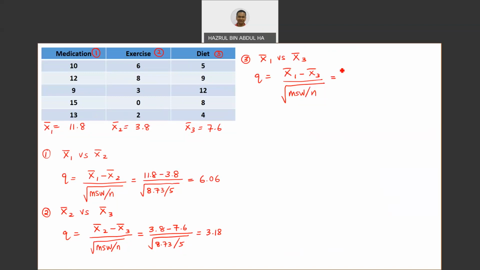This is equal to x bar 1, 11.8, minus x bar 3, 7.6, divided by the square root of MSW, 8.73, divided by the number of samples in each group, which is 5.